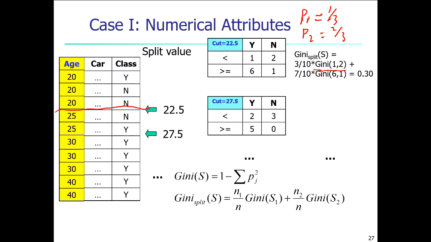So what you do is 1 minus 1 over 3 to the power of 2, minus 2 over 3 to the power of 2. And so on and so forth. You would get the Gini index for different split values, and you will choose the smallest one.